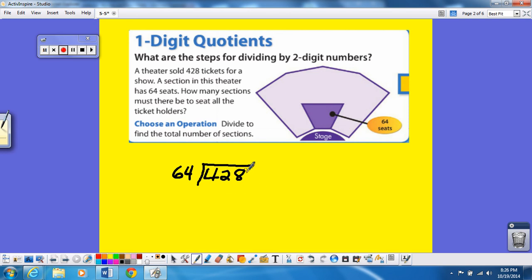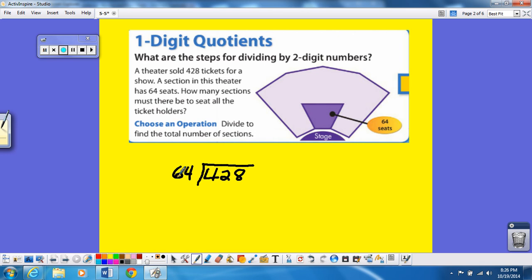The cover method I showed you, where you have to take one number on the dividend and one number on the divisor and cover them up, is a good place to start. Just know that sometimes it may take you a little higher than you should have gone. And if it does, all you do is move your digit down by one digit.